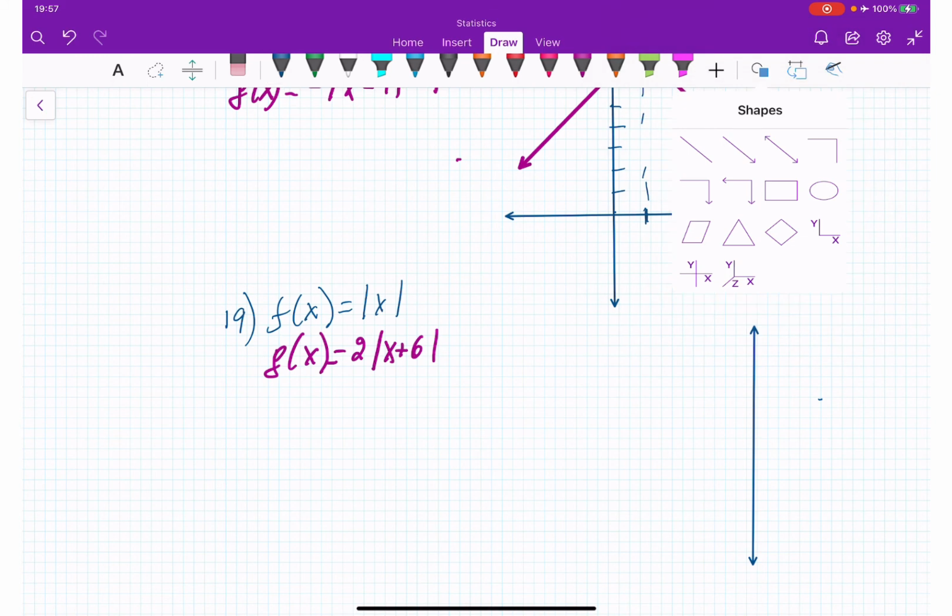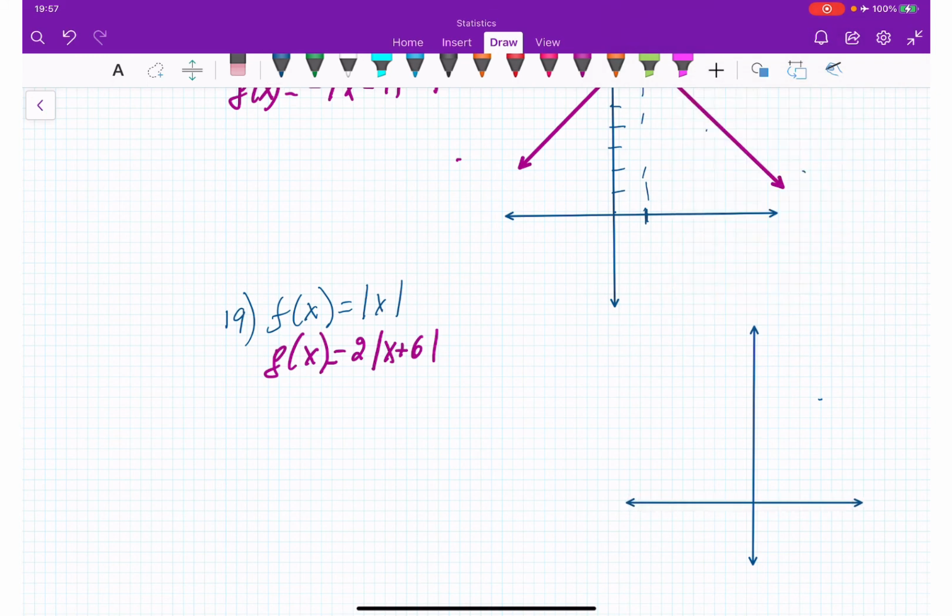Okay, so let's start building. First thing, this is negative 1, this is positive 1, here is 1. So this is my absolute value of x.